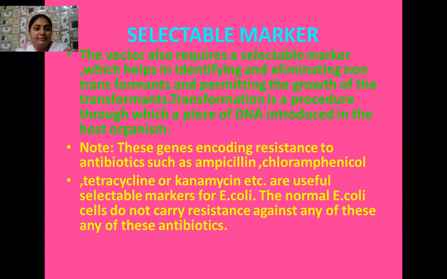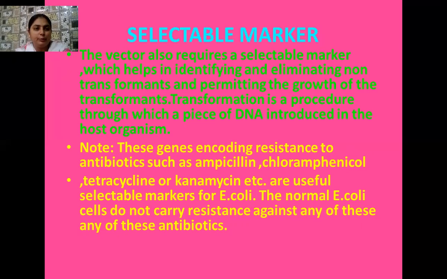Now whether the progeny cells of the host organism become transformants or not, whether our gene of interest gets expressed in the daughter cells or progeny cells, and how many daughter cells become transformants, in order to know this, we use the selectable marker.